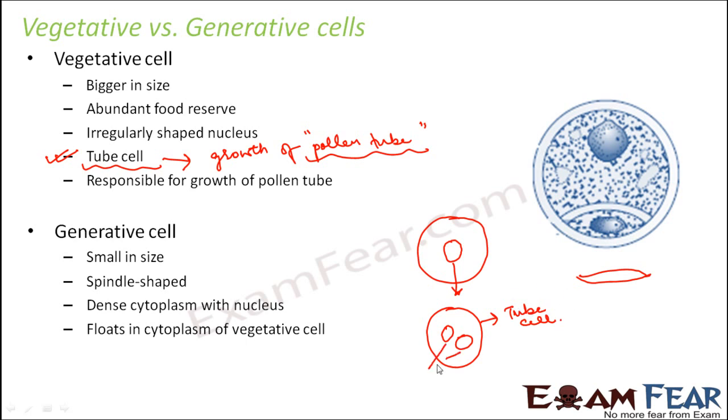And the two cells which are formed inside will give rise to the male gametes, and these male gametes will help in fertilization. So now you understand where the male gametes come from. Even though the generative cell directly gives rise to the male gametes, the vegetative cell is equally important because without it, fusion will not be able to take place.